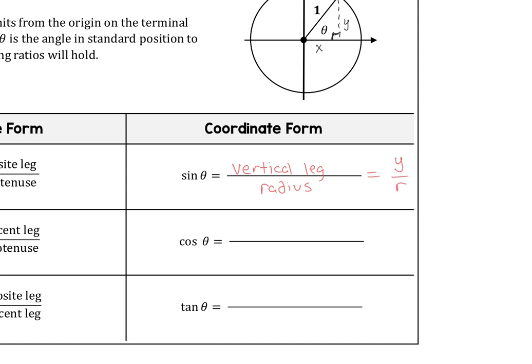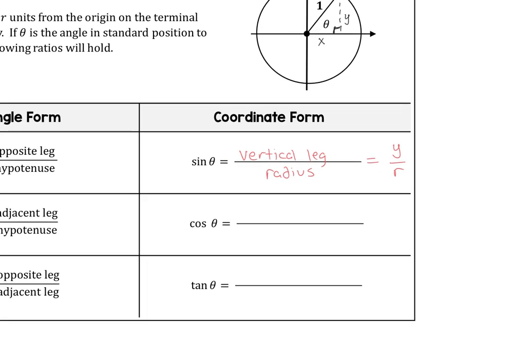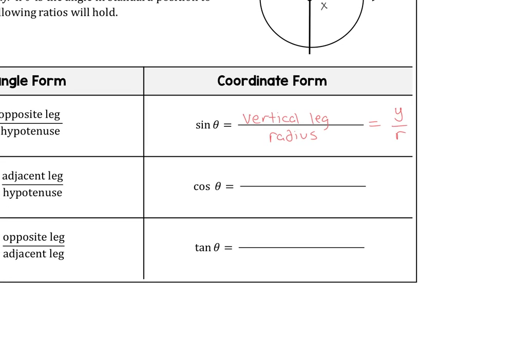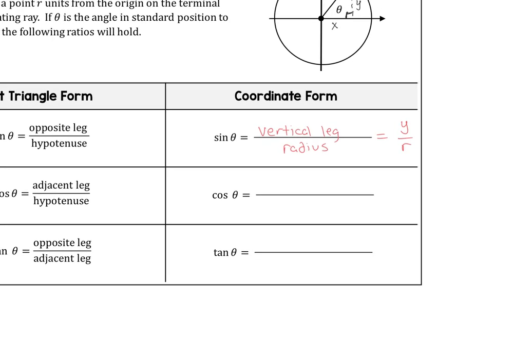So when we're doing sine of theta, we can just say y over r. Same thing with cosine. Cosine was the adjacent leg, and that corresponds to the horizontal leg over the radius, because remember the radius acts as a hypotenuse in our right triangle, which means x over r.